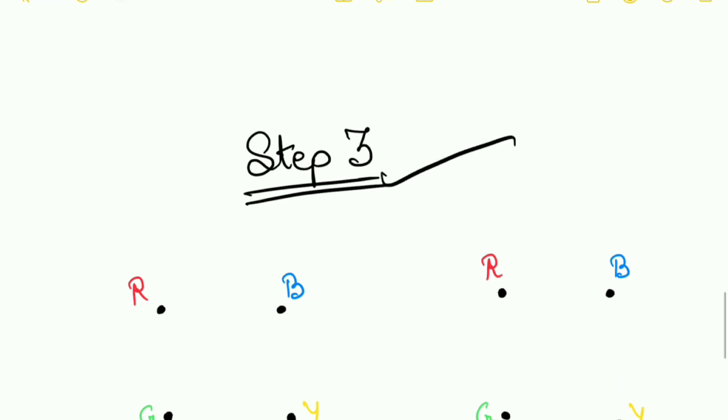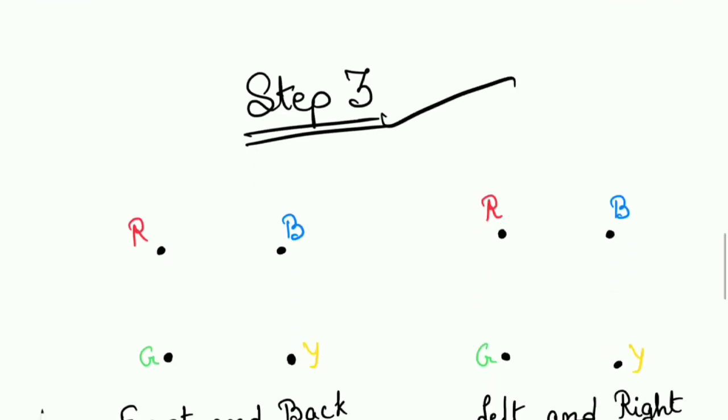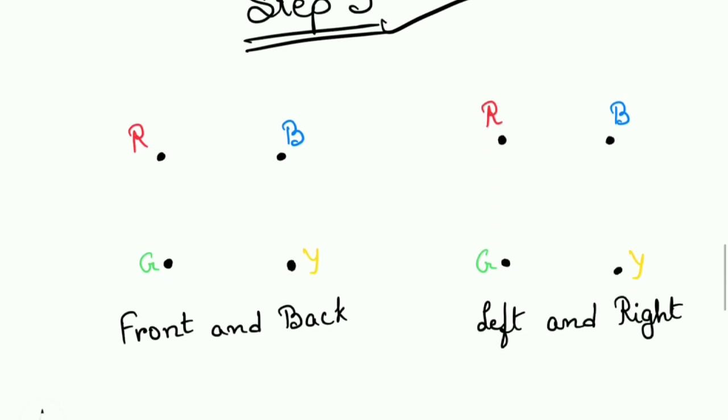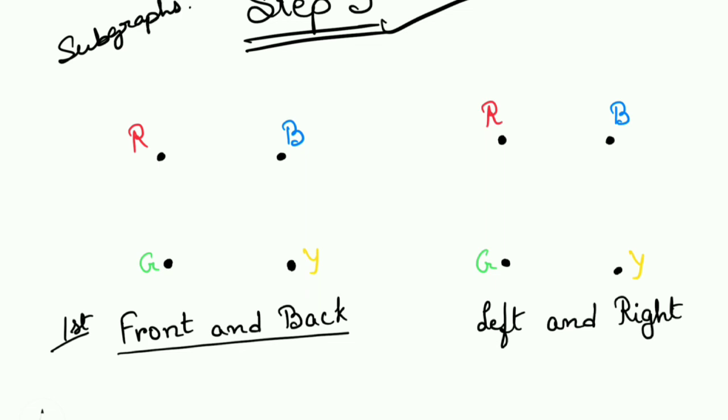Here we will draw two subgraphs considering the front and back pair and the left and right pair. Our primary concern is with opposite pairs of faces, and we must decide for each cube which two of the three opposite pairs should appear on the sides of the stack.